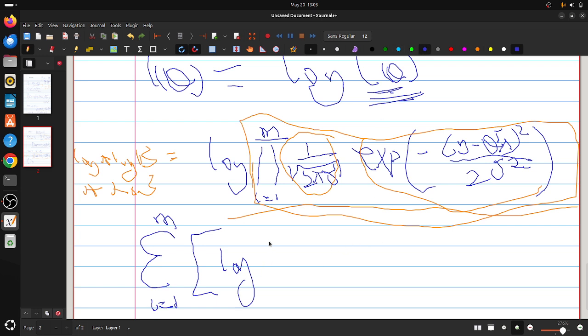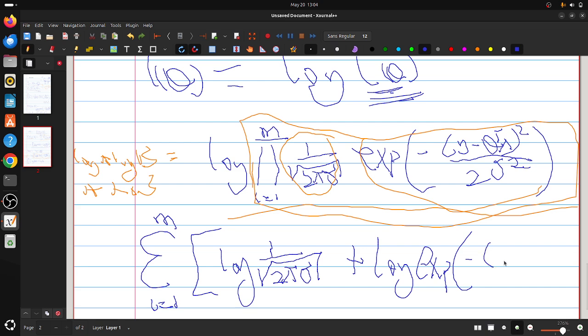So it will be the log of 1 over the square root of 2 pi sigma, plus the log of the exponent of negative (y minus the transpose of the parameter x) squared over 2 sigma squared.